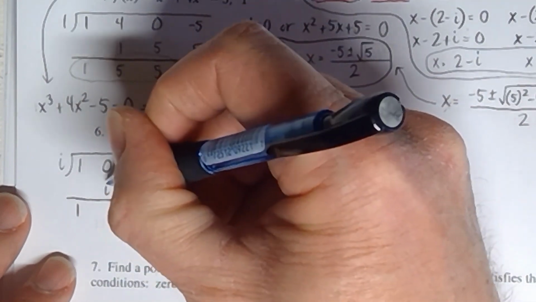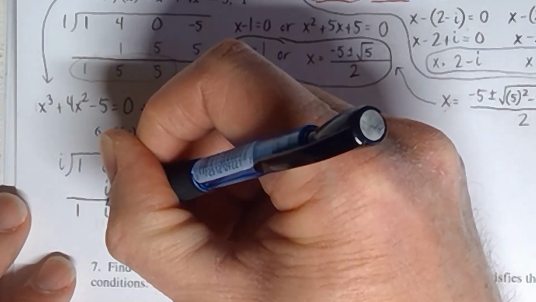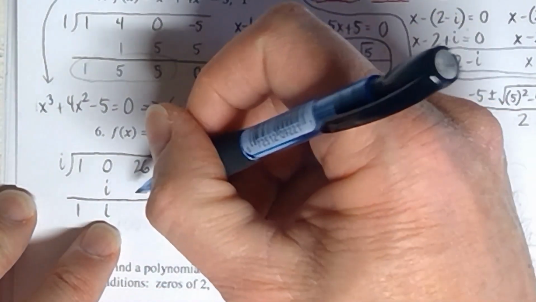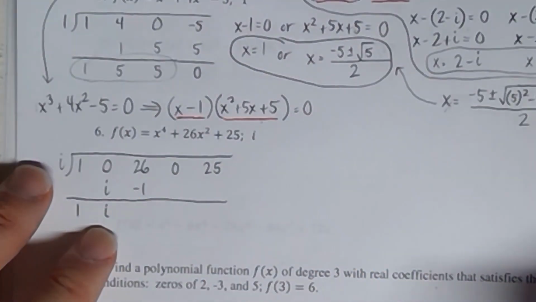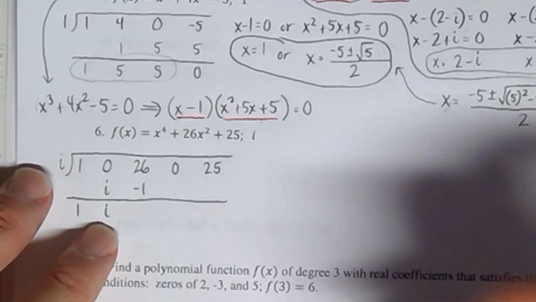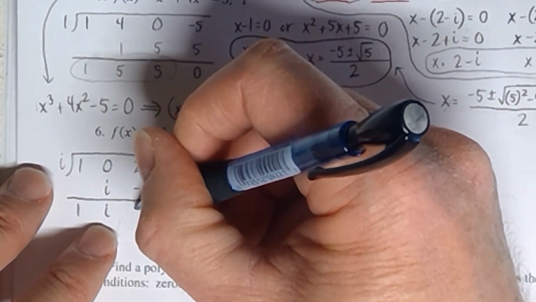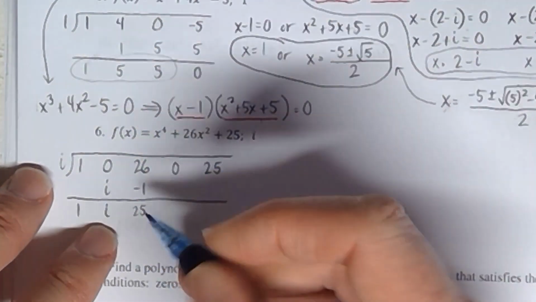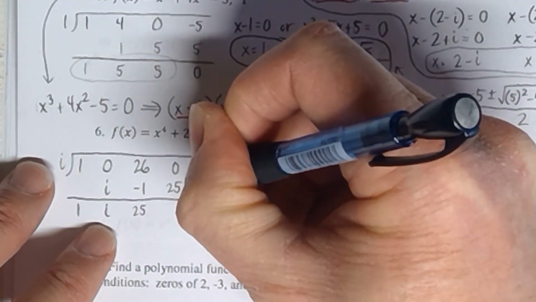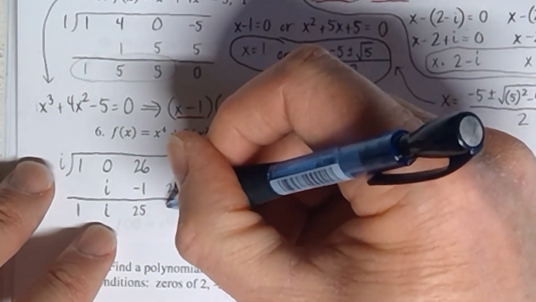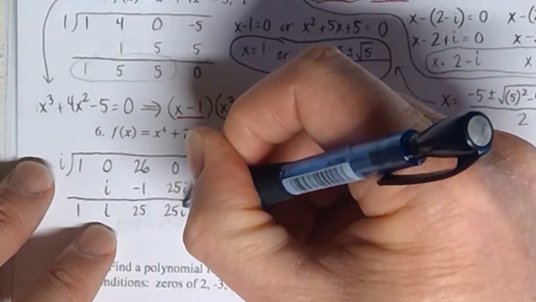1, multiplication, we get i, add, we get i times i is i squared, but i squared is equal to negative 1, as you guys know. 26 plus negative 1 is 25. 25 times i is 25i. Anytime you add something to 0, it stays the same, 25i.